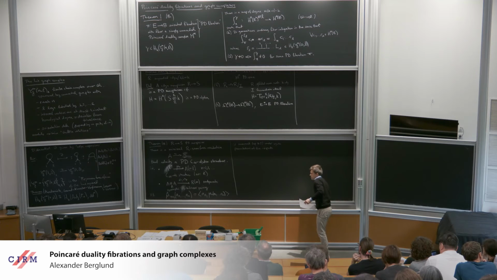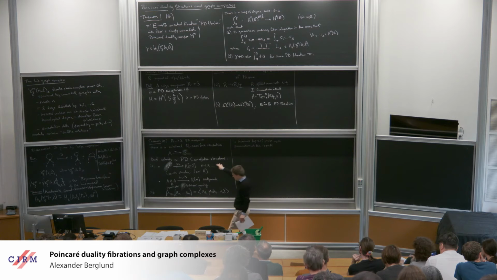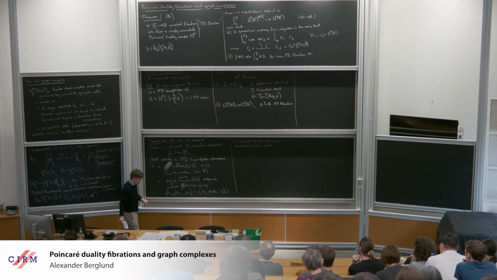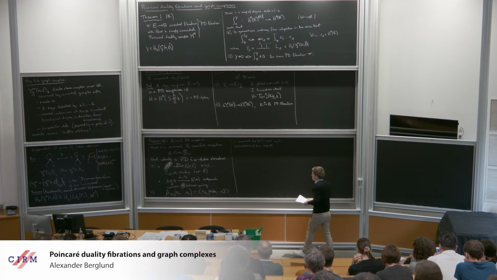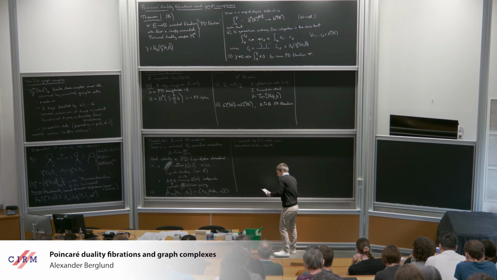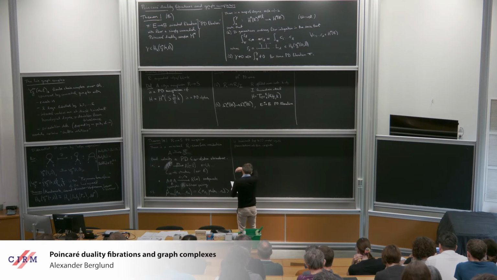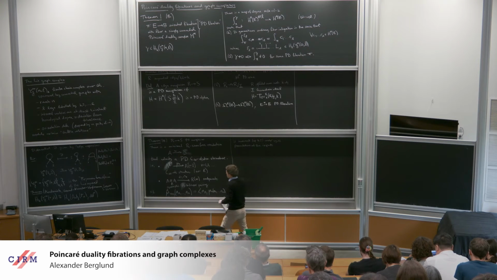This kind of thing has different names. Many people call this cyclic C-infinity algebras or Frobenius C-infinity algebras. I prefer Poincaré duality because it connects to the geometry.